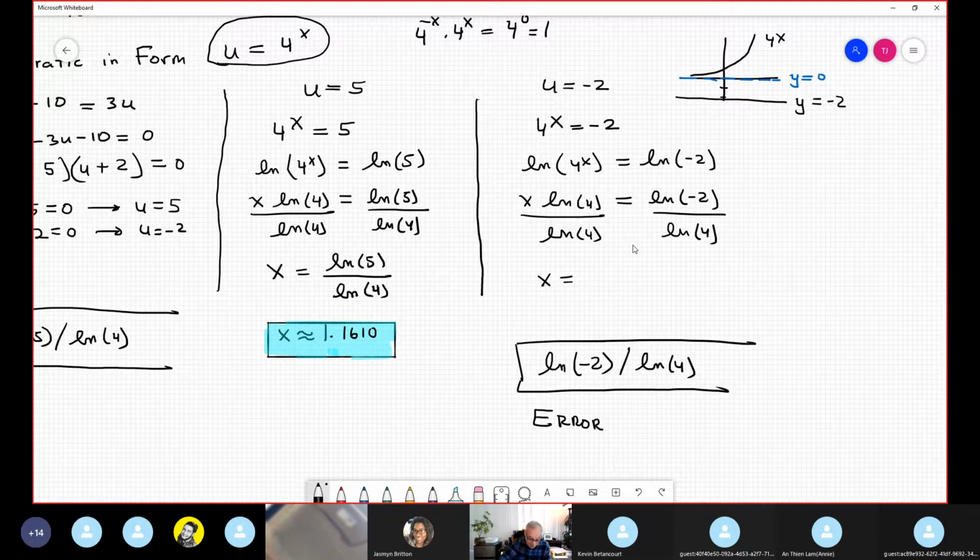Let me try in my calculator: natural logarithm of -2 divided by natural logarithm of 4. Boom. Domain error. And this is logical, because the logarithm of a negative number is totally illegal. Therefore, we have only one solution. End of story. Final answer.